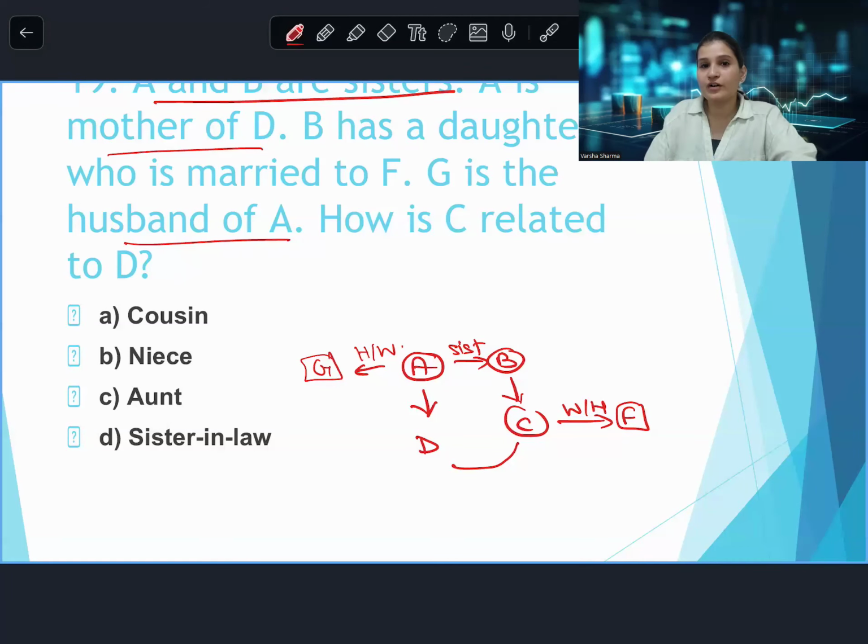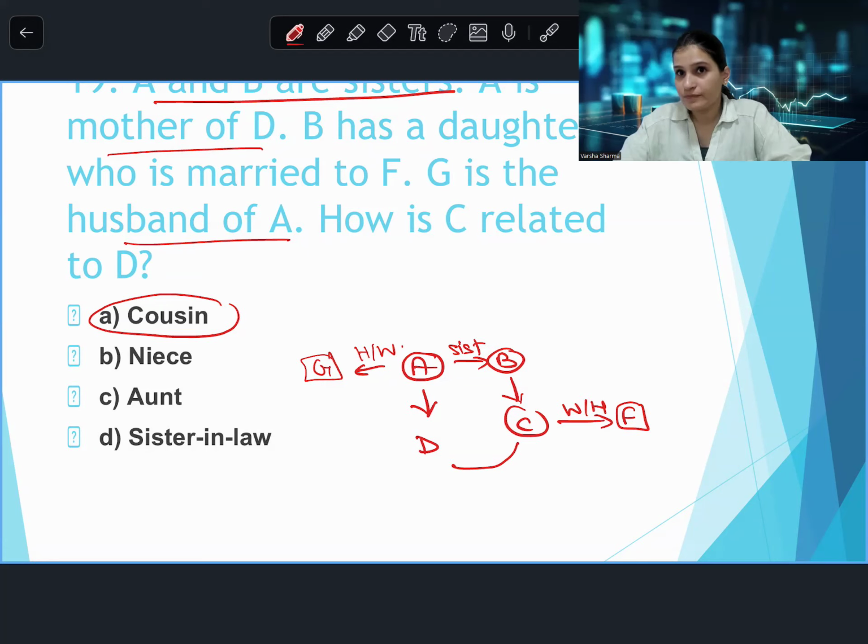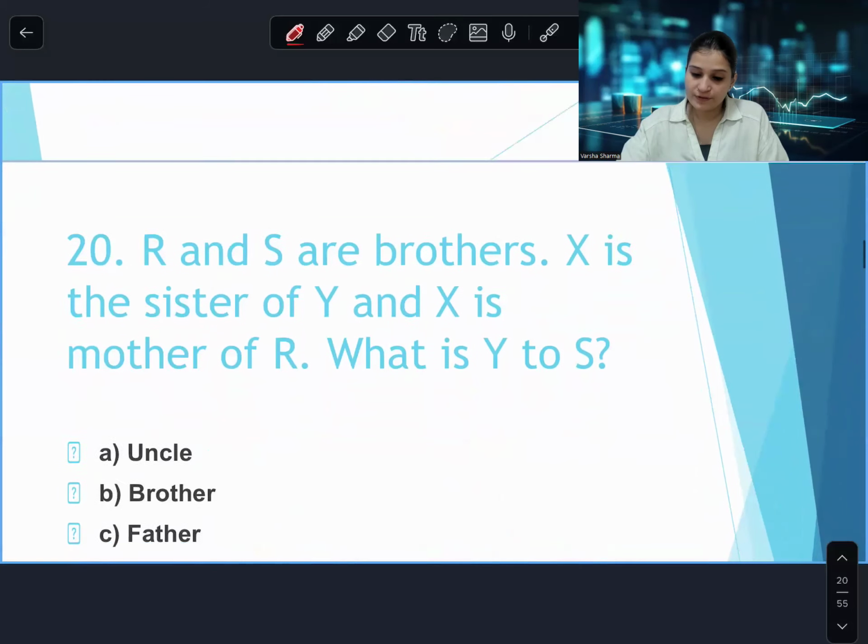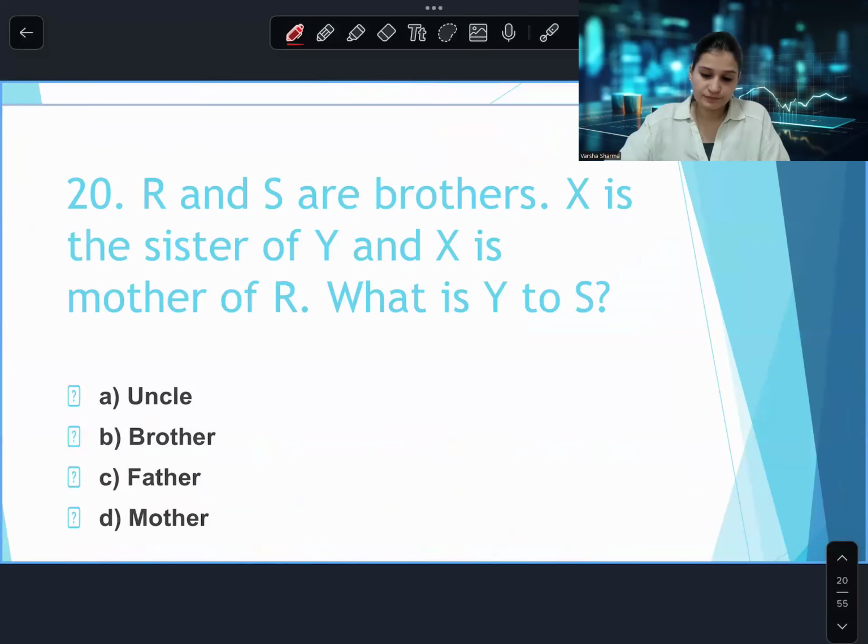Same generation, not their own father. So cousin. Everyone clear? Yes, ma'am. Answer: uncle.